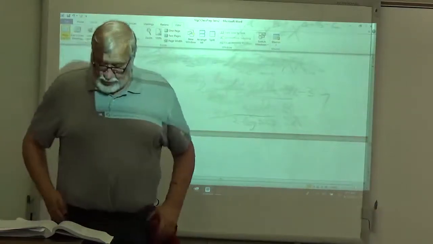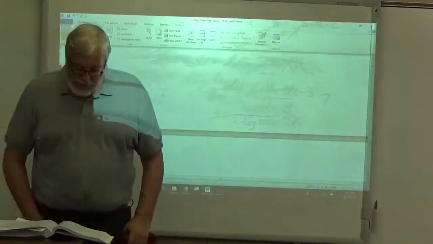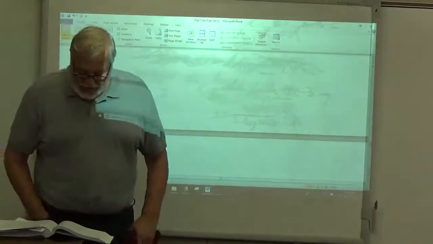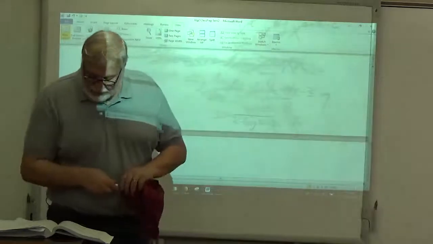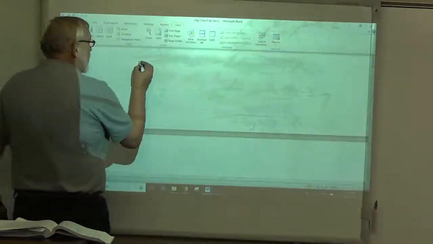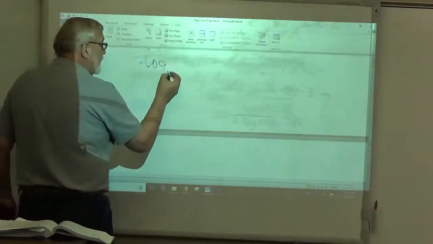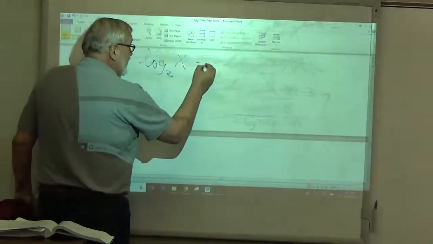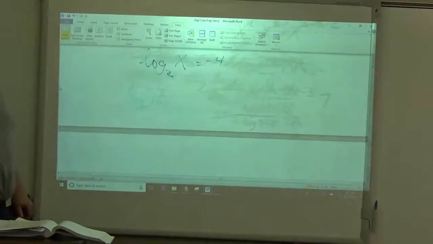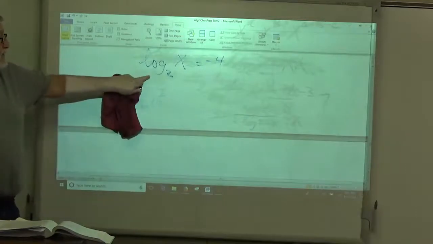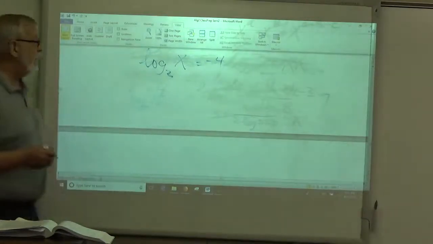All right, look at example 1. Example 1 says, find x if log base 3 of x equals -4. Log base 3 of x equals -4. And that pen doesn't work very well either. Okay, now here my x is in a different place. If I change this into exponent, right?